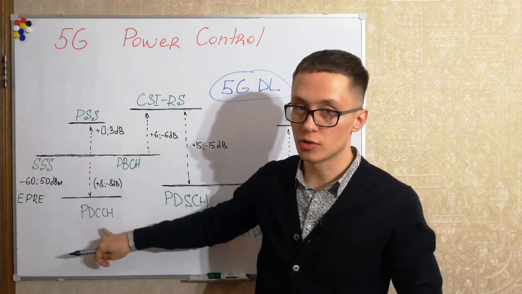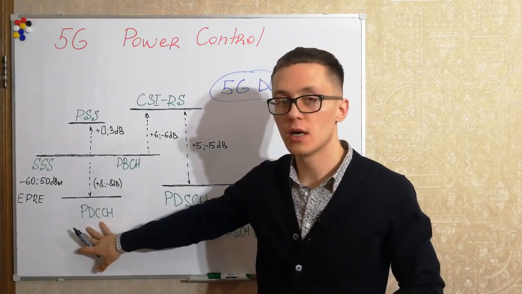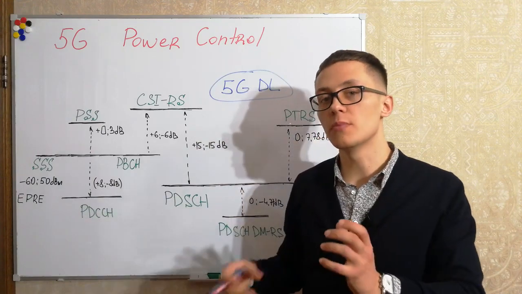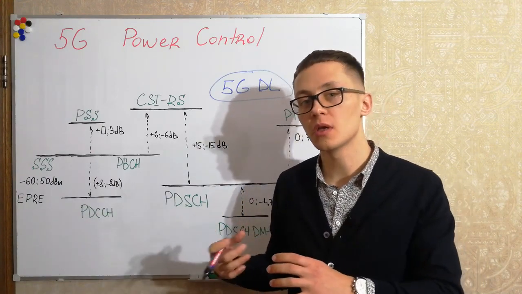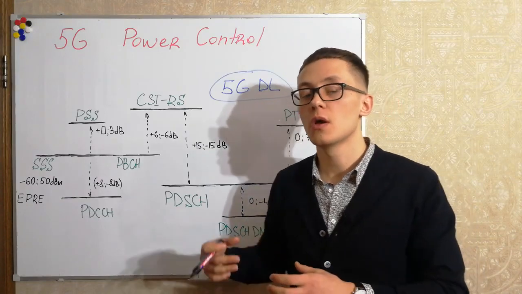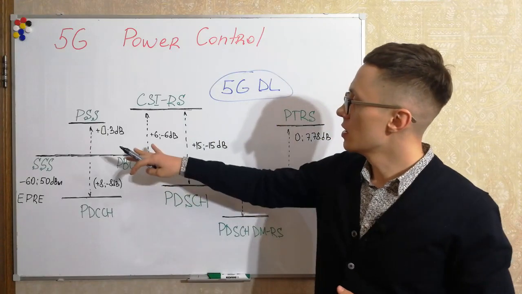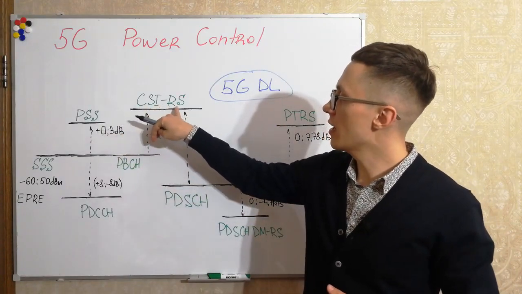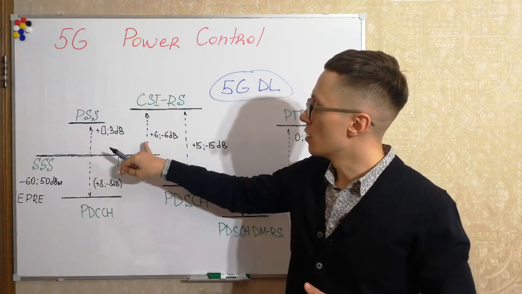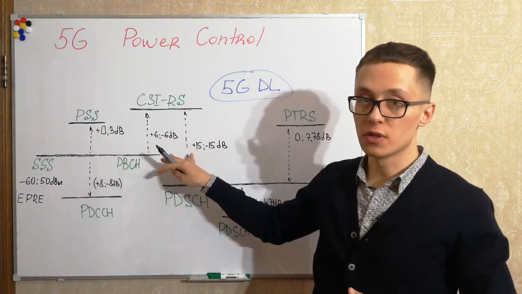With some adjustments from plus 8 to minus 8 dB, we can transmit the physical downlink control channel. Actually, for that channel, I know that some kind of dynamic control, dynamic adjustment based on block error rate, can be applied. It is possible. Then we can transmit CSI-RS signals. For different cases there can be different numbers.